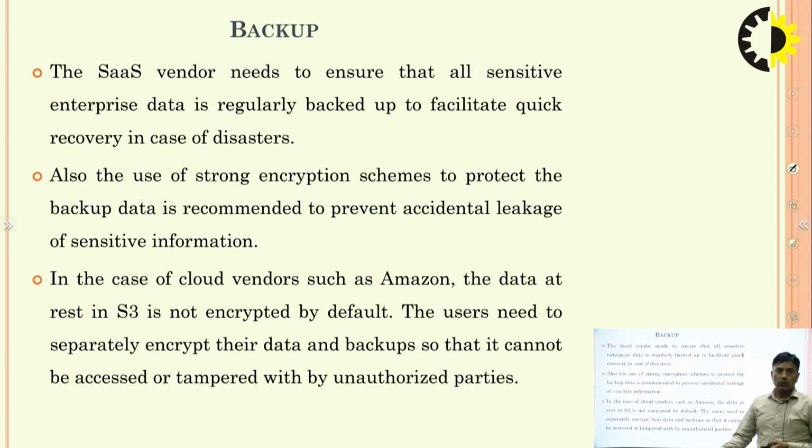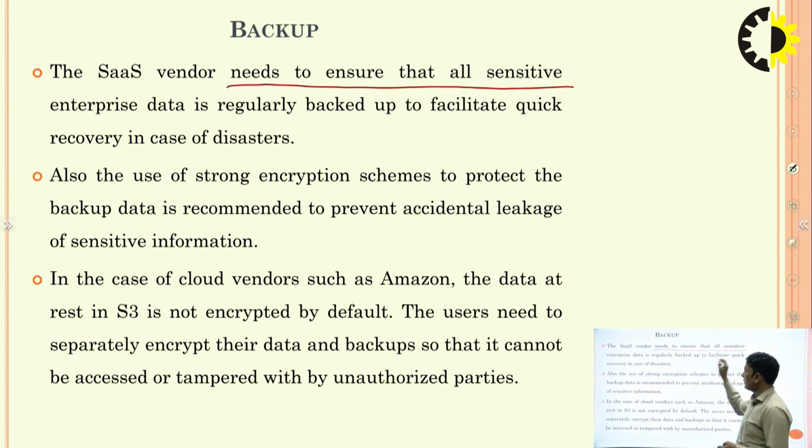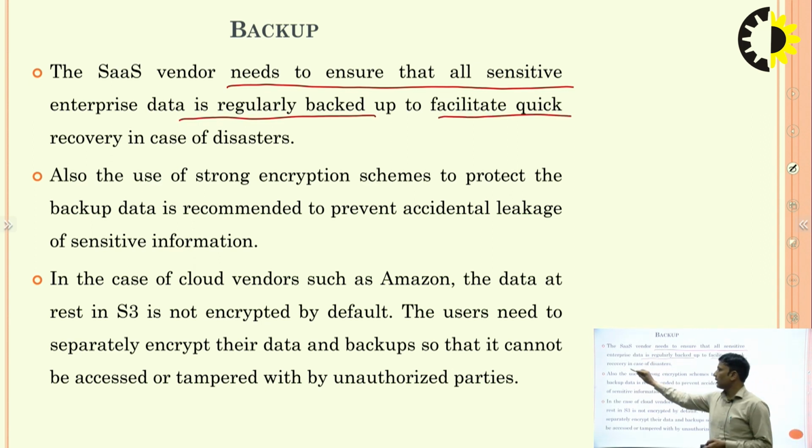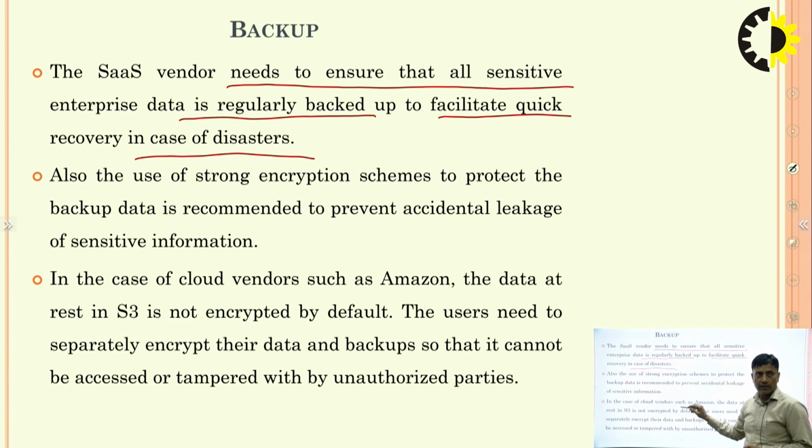Backup. So there should be a proper data backup mechanism in the cloud, so that at regular intervals data is stored and the backup can be recovered later on. SaaS vendors need to ensure that all sensitive enterprise data is regularly backed up to facilitate quick recovery in case of disaster.